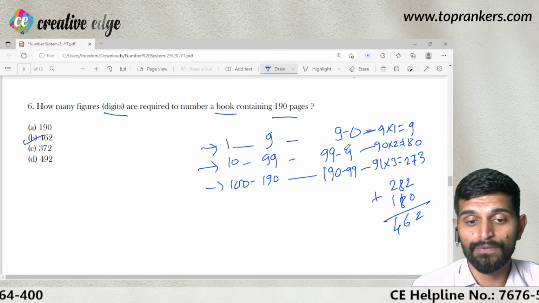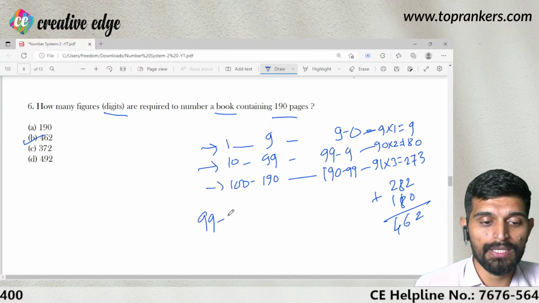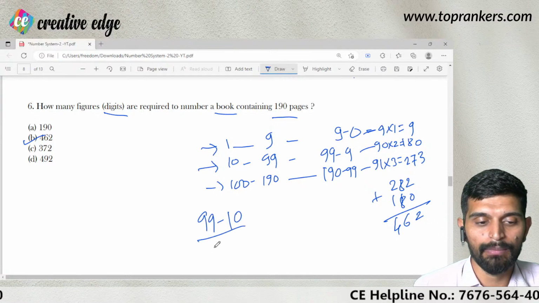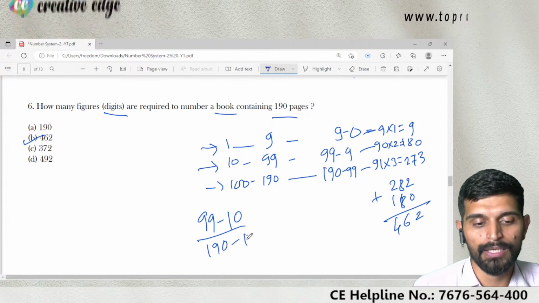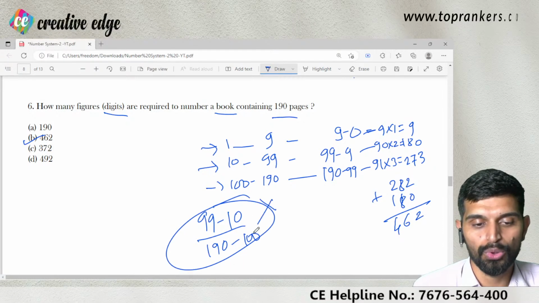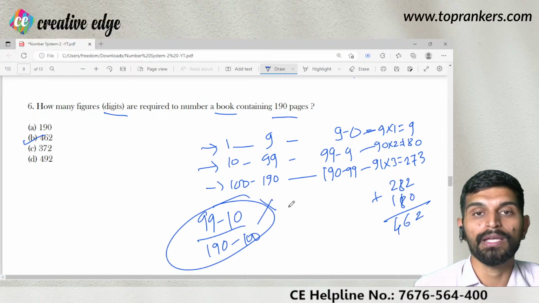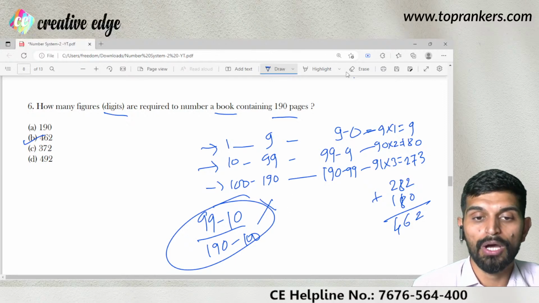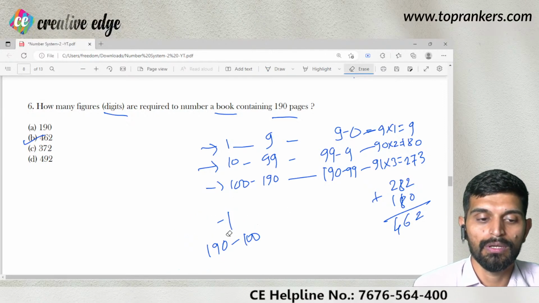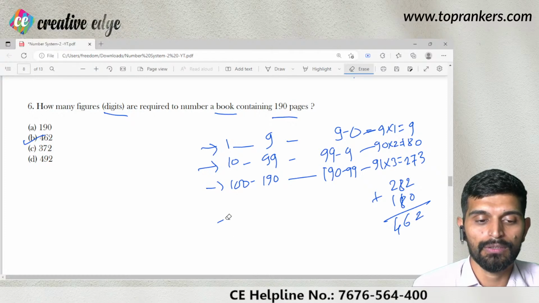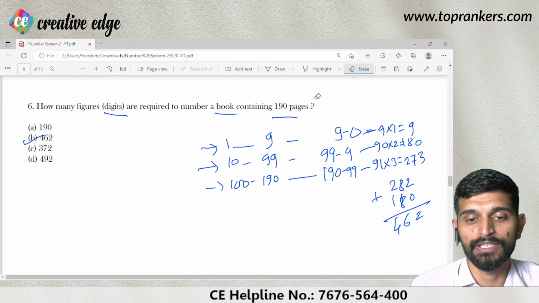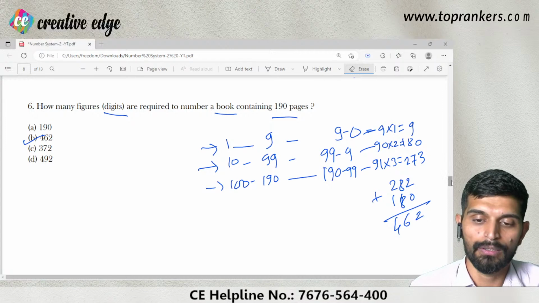So as I have told you, don't commit this error of subtracting 99 minus 10 or 190 minus 100. If you do so, you'll end up marking a wrong answer. So make sure you follow this correctly whenever you have to determine the number of digits required, right?